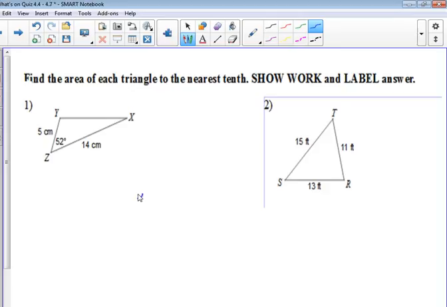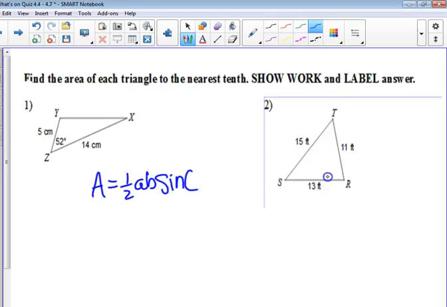Heron's formula is for which one though? Yeah, when you know all the sides, okay? This one you can just do 1/2 ab sine C. So it'd be 1/2 times 5 times 14 times the sine of 52. I don't need to do that one. We're good?